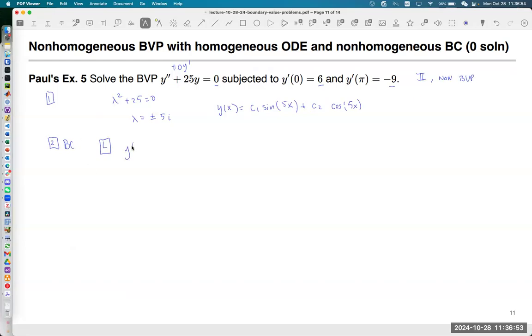So y prime of 0 is equal to 6. But what is y prime? So let's take the derivative of this. So y prime of x is equal to, chain rule, 5c1 cosine of 5x plus, chain rule, this is a negative sign, so negative 5c2 sine of 5x.